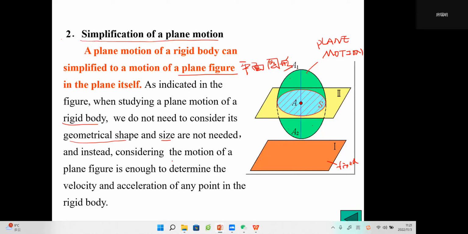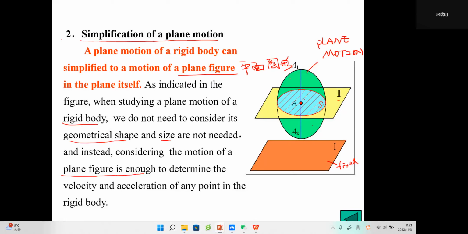Why? You can think about that. Imagine, not for real, just imagine we have a yellow plane section, which is perpendicular to this fixed reference plane. This plane can cut our green rigid body into two parts, right? Actually, we will have a section shape, 截面图形.